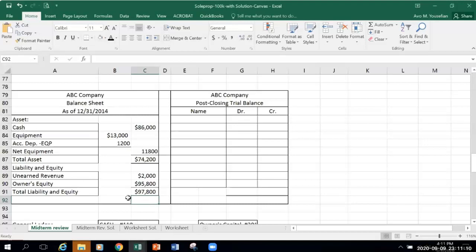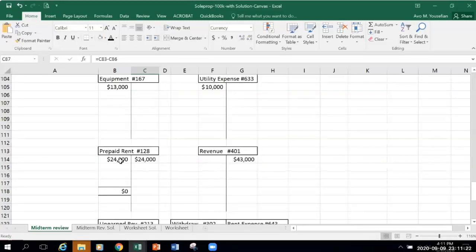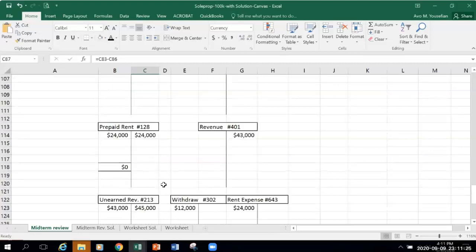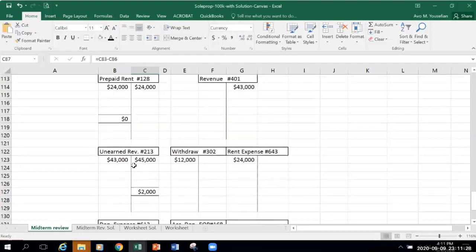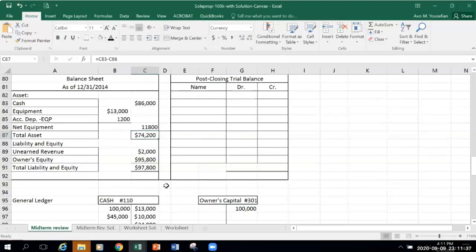You see, my balance sheet is not balanced. So I have cash, I have equipment, prepaid rent is 0, unearned revenue is 2,000, accumulated depreciation is 1,200. Oh, I made a mistake here. So here, 86 plus 11. That's my total asset.